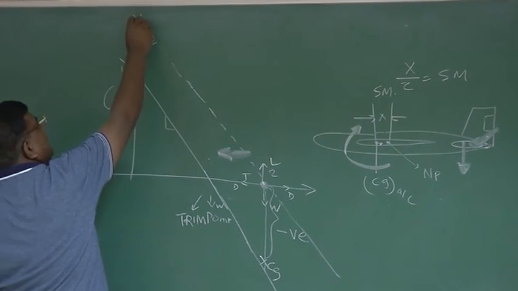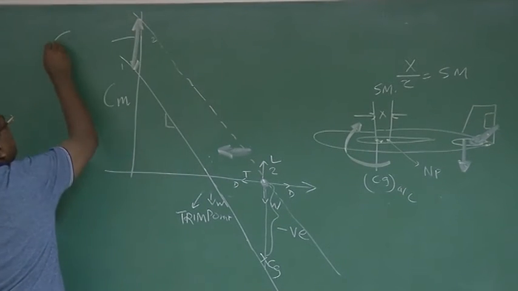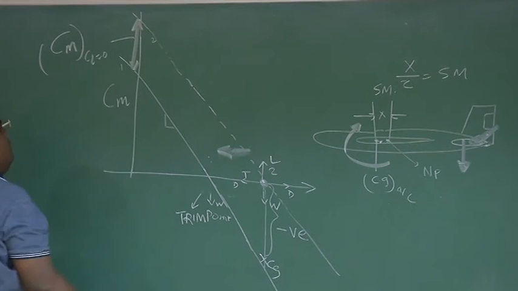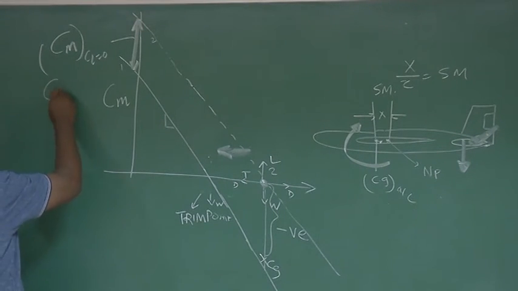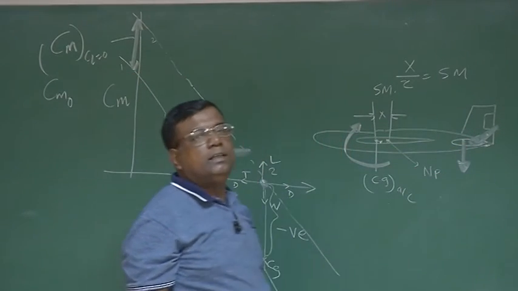So this much additional Cm at CL equal to 0 has to be generated, or we say Cm0 to be generated. And who generated this? This is generated by the elevator deflecting in the upward direction.